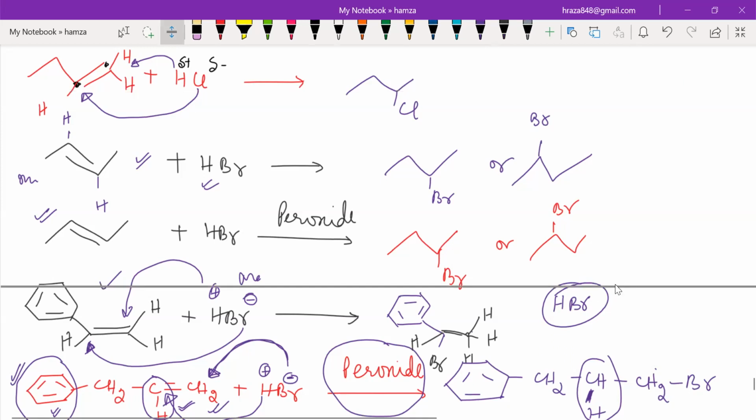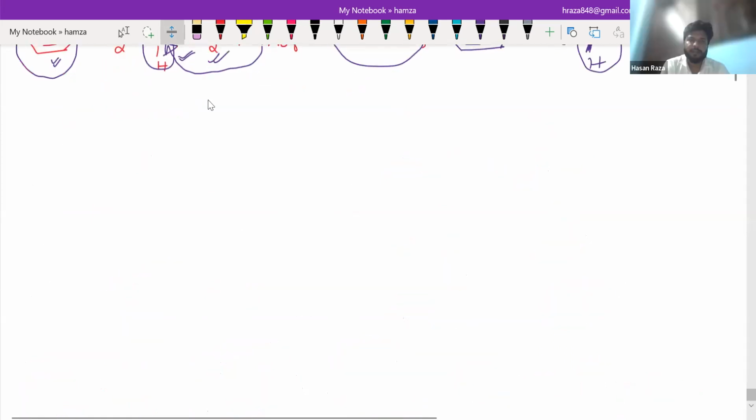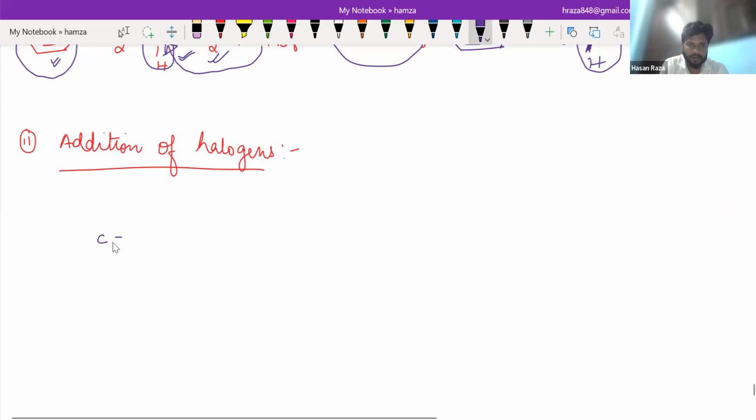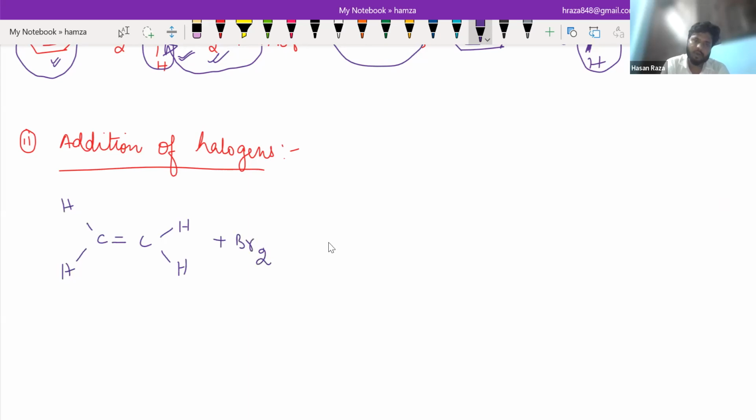Now see, there is another method of preparation of haloalkane from alkene. That is addition of halogens. Directly we add halogens to alkenes and we will get haloalkane. So how does it happen? CH2 is here, and we are going to add Br2 in the presence of CCl4.